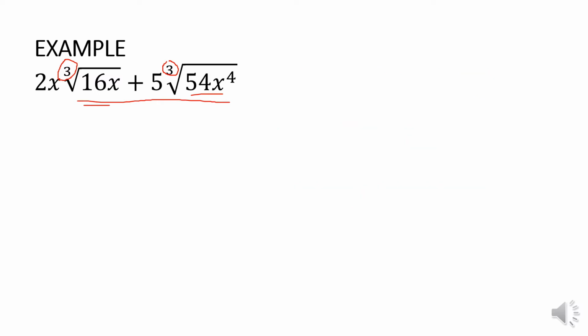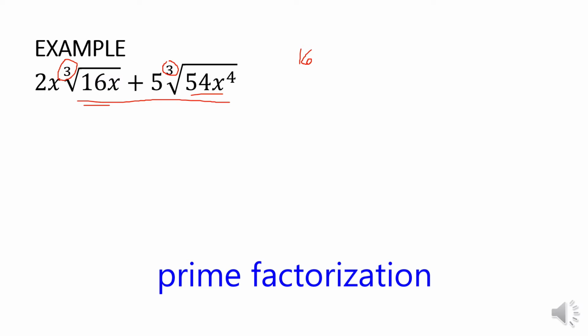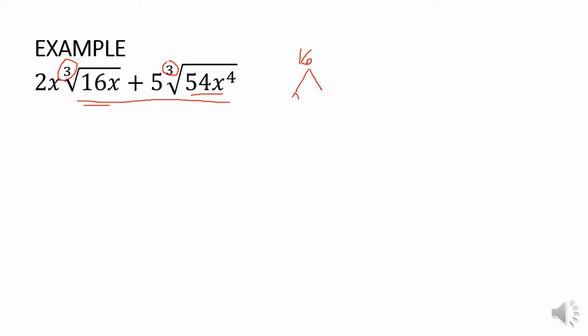So first, 16. We're going to think of a number which, when we multiply it by itself 3 times, the result is 16. Or we can do this also by prime factorization. So 16 is equal to 2 times 8.